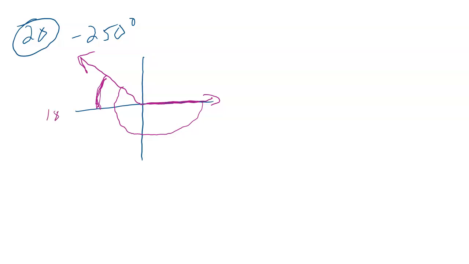If this is 180, if I was going like negative 180, this is negative 250. What is that in between? I'm guessing 70. Yeah, 70 sounds right. The reference angle is 70 degrees, and that's always positive.